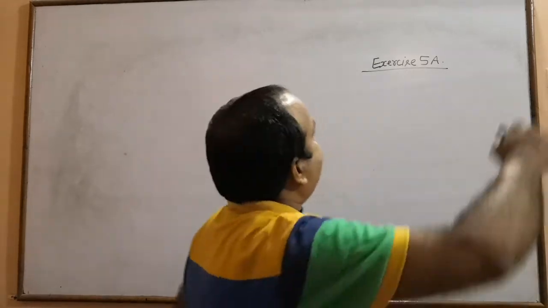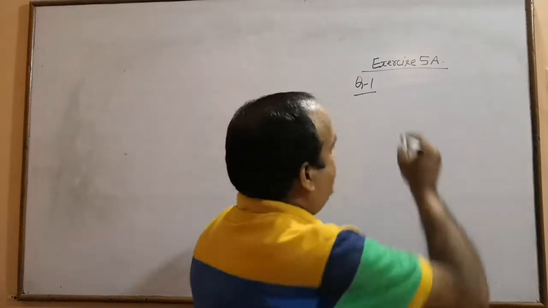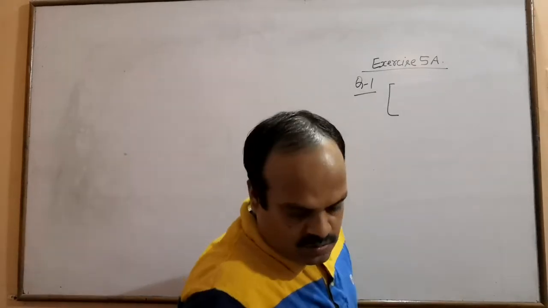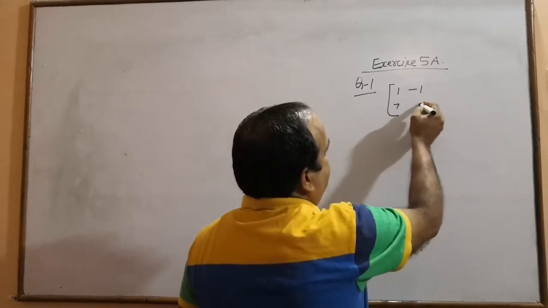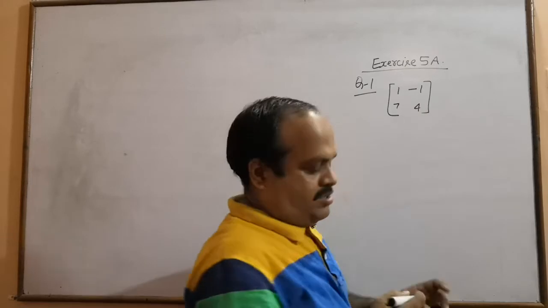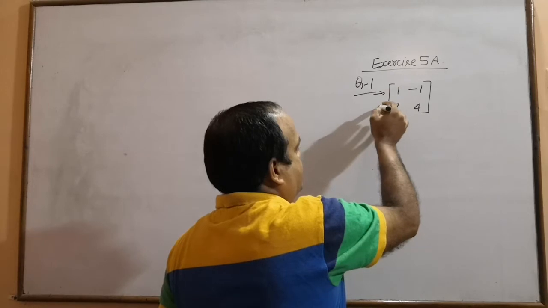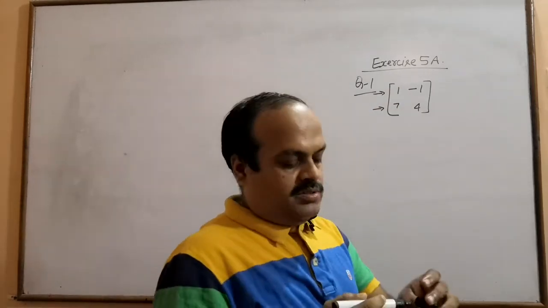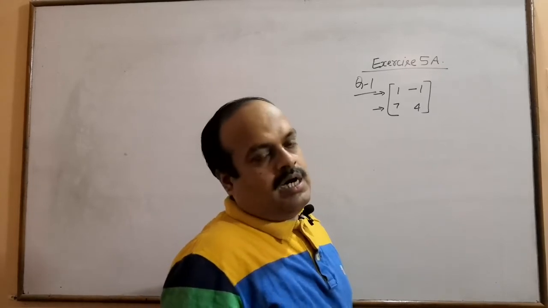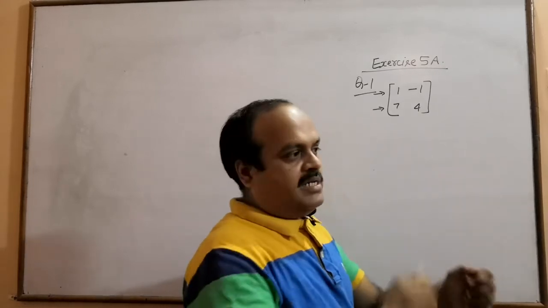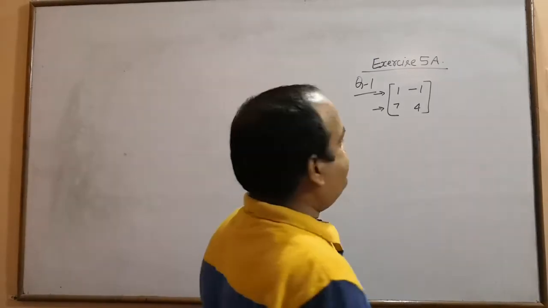Question number 1. We have a matrix 1 minus 1, 7, 4. I hope you know the rows are counted one above the other, and columns one after the other, left to right or right to left.